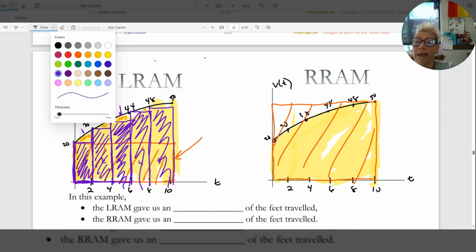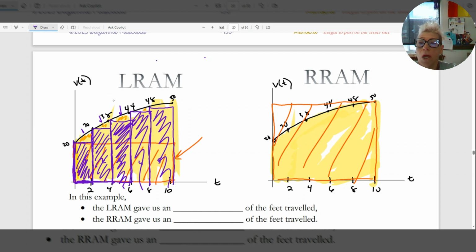All right, so let's look at that calculation then. So this time, instead of one big width of 10 and one big height of 20, like I did before with the left RAM, I have 5 rectangles, each with a width of 2. So I have 2 times my height of 20. My second rectangle is 2 times the height at the left of 30.